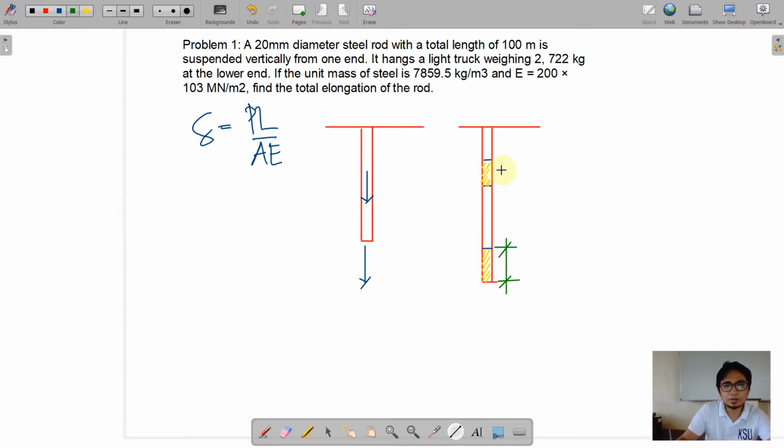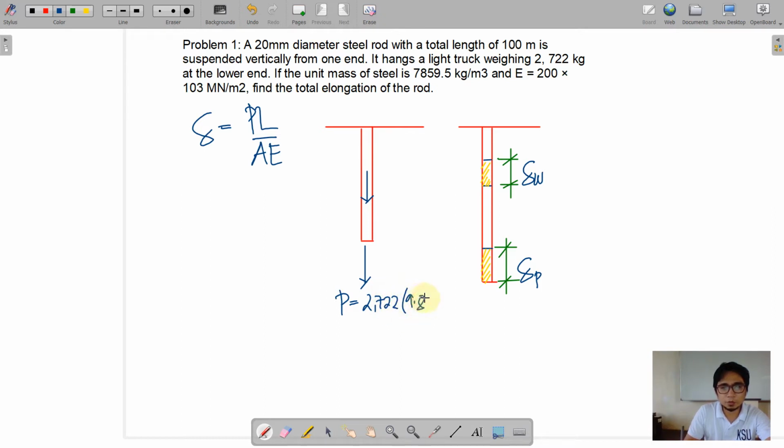And for this one, delta due to the self-weight of the bar will just occur on the upper portion of the whole length of this bar. So if we illustrate this as delta due to weight and this as delta due to the force P, let us have here now the P. This is equal to 2,722.